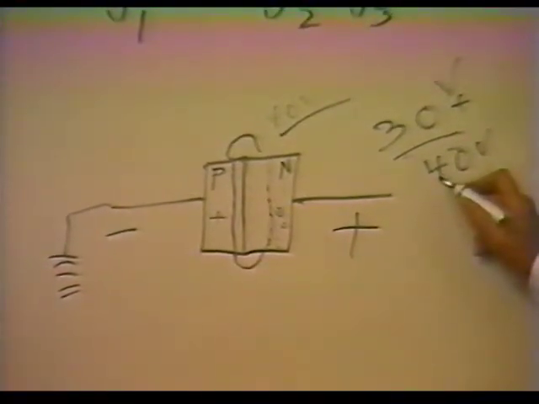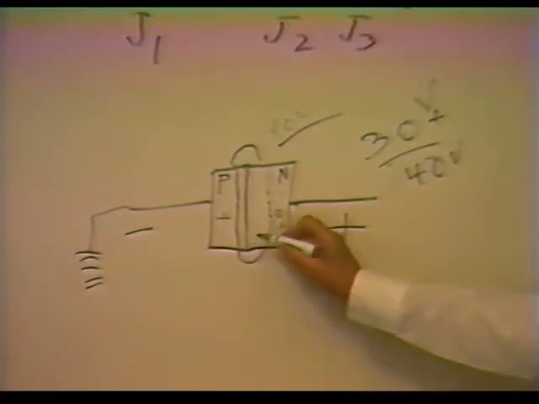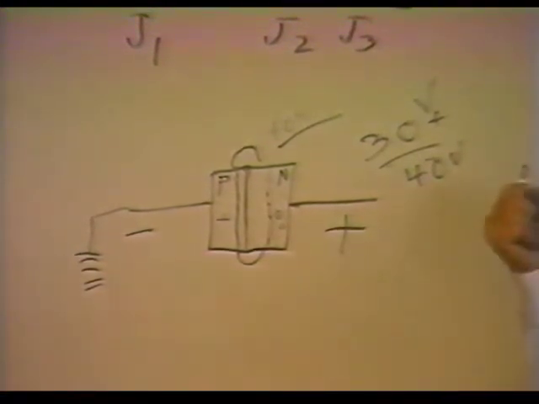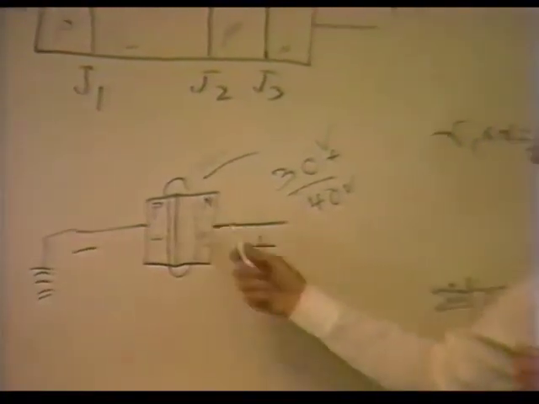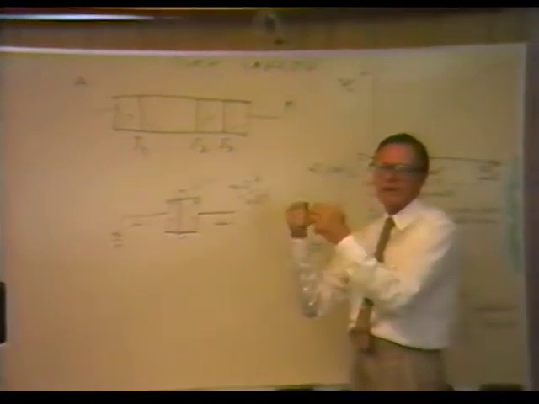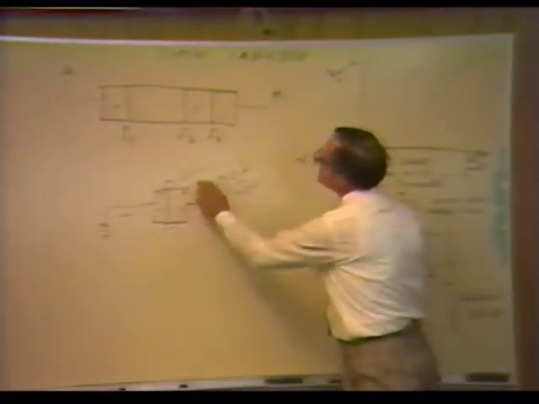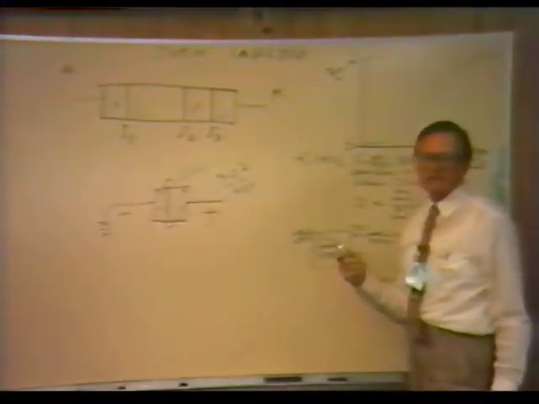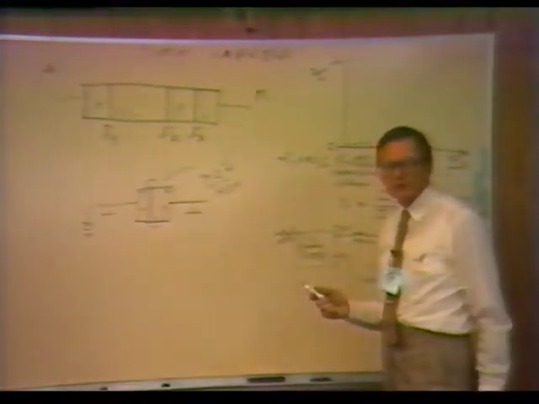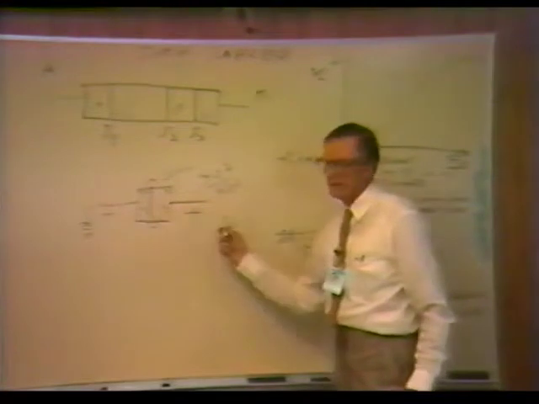When the current starts to go up, the junction starts to break down. When the junction breaks down, it goes into what we call avalanche breakdown. More and more carriers are running into the lattice work, into each other, and they're creating more and more electron-hole pairs or carriers. And so this junction can no longer sustain the reverse voltage, and it breaks down and conducts in the reverse direction because we haven't changed the polarity of the voltage.